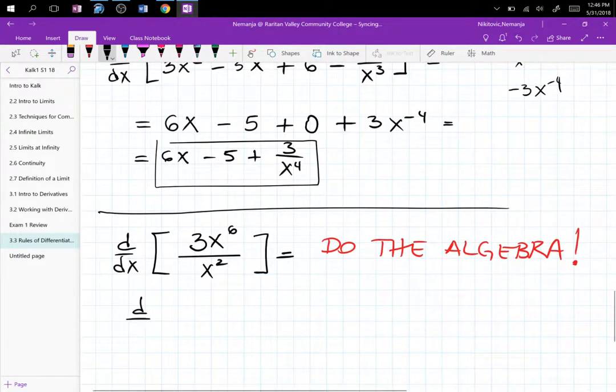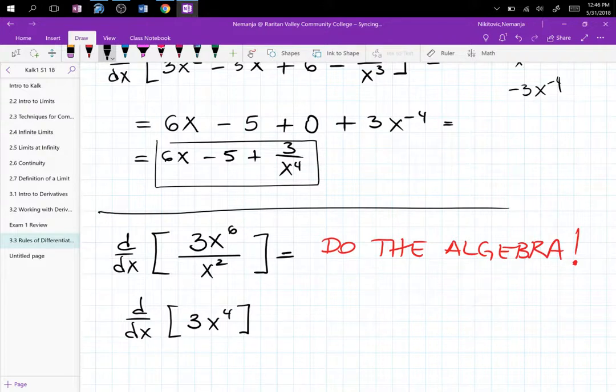So this problem is actually just 3x to the 4th. And we are going to get 12x cubed as the answer. Do not take independent derivatives. It doesn't work. For division, we are going to learn quotient rule on Monday.